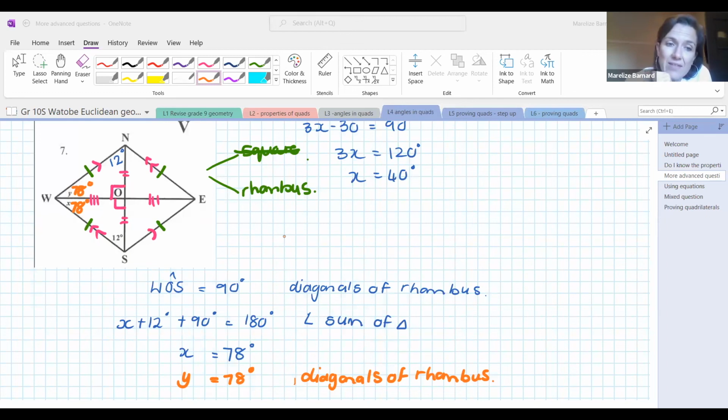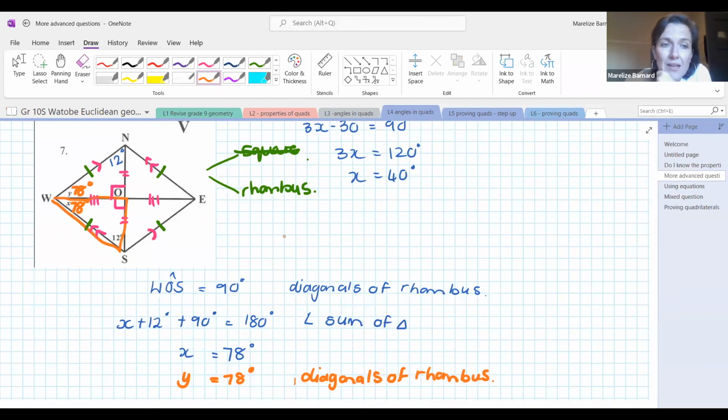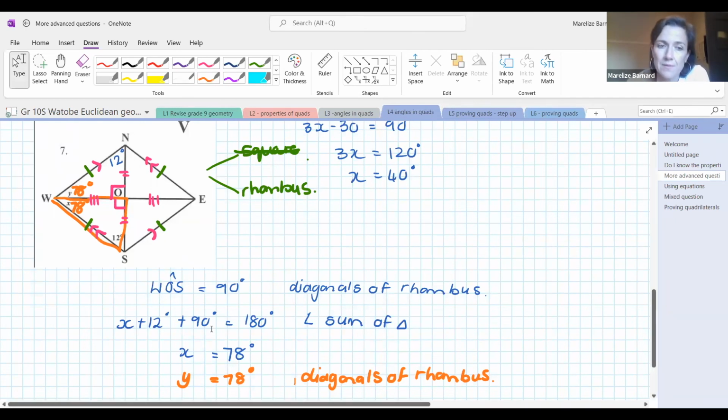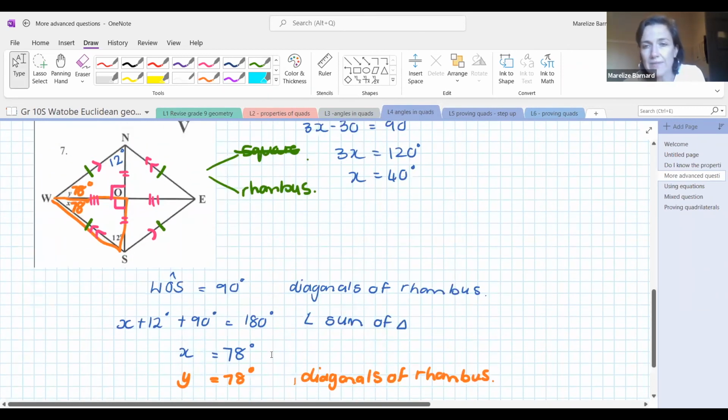And then the 90 plus the 12 in triangle WOS, 90 plus 12 plus x will give you 180 because of the angle sum of a triangle. And then you just solve for x. And then x is 78, and because the diagonals of a rhombus bisect the angles, y is also 78.